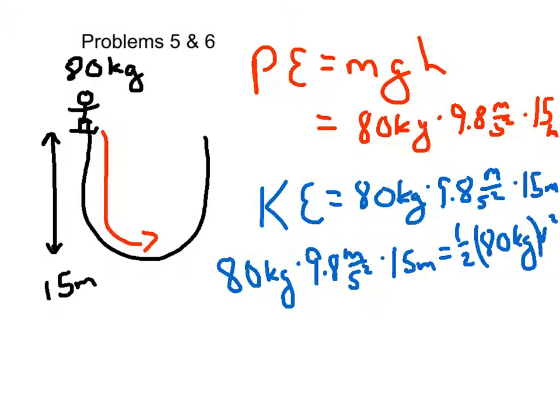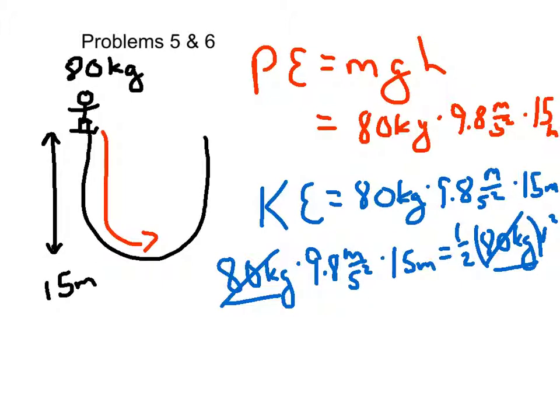Now here's kind of a key thing. You notice that there's an 80 kilograms on each side, and so essentially that's just going to cancel out immediately. We know that's going to divide out to 1. And this is going to be true anytime we're doing these potential to kinetic energy conversions. The masses will always end up canceling each other out.